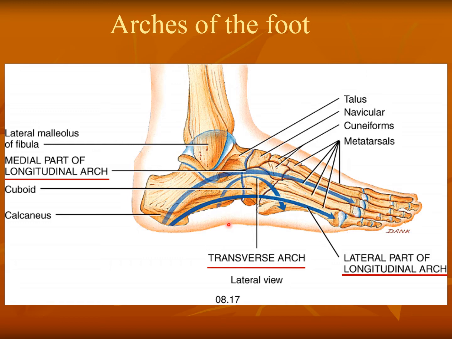That is the main function of arches of foot. So on uneven surfaces they stabilize the walking mechanism. So there are three arches: medial longitudinal arch, lateral longitudinal arch, and transverse arch.